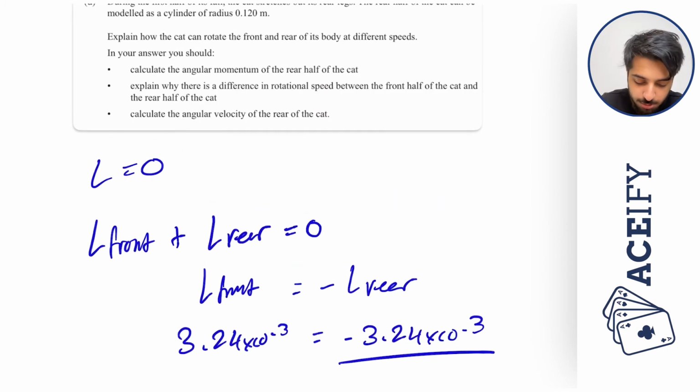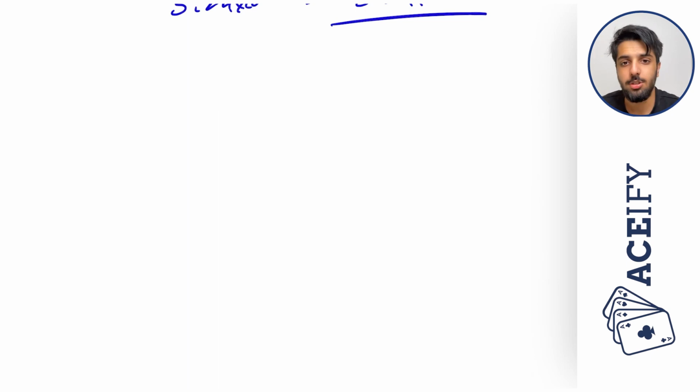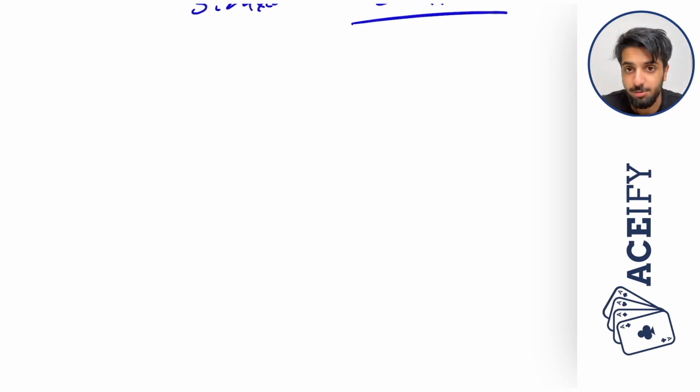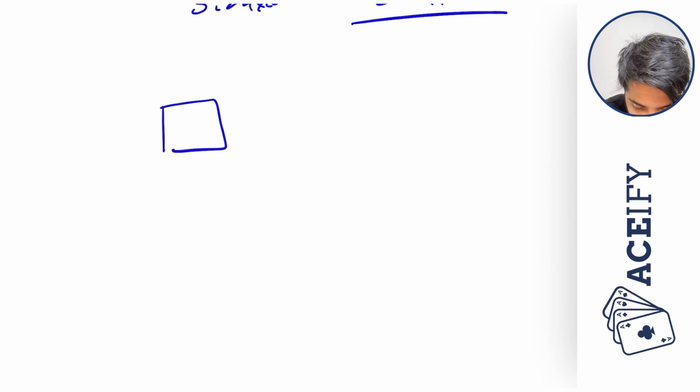Okay, so now moving on to explaining why there's a difference in rotational speed between the front and rear halves. This has everything to do with the fact that when the cat falls, it pulls in its front legs and extends out its rear legs. If we just look at the front part of the cat, we can pull in our legs. These are our legs, these two sticks. We can imagine if we pull in our arms, our effective radius is going to decrease.